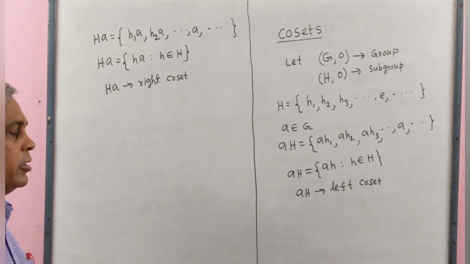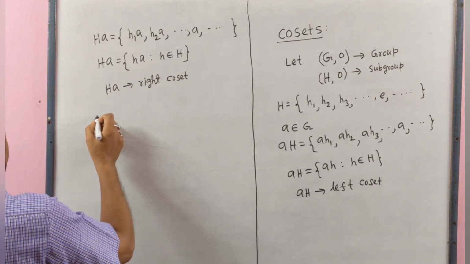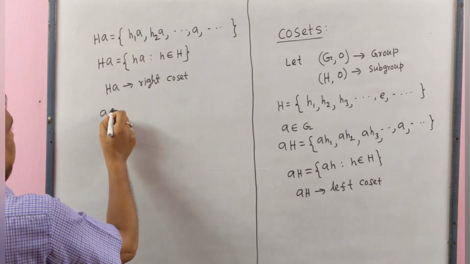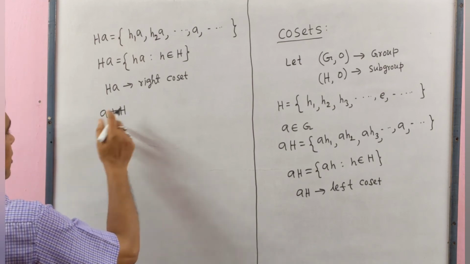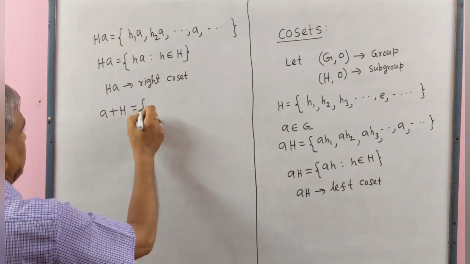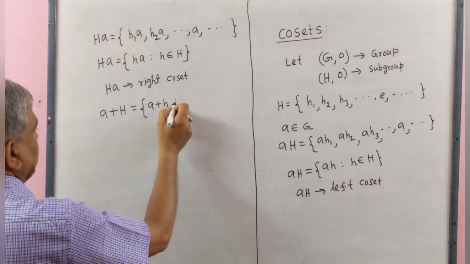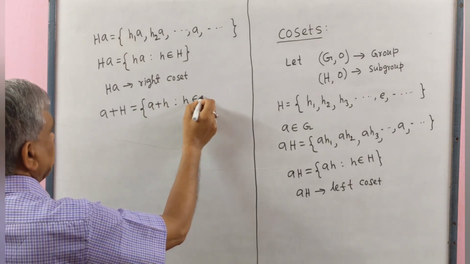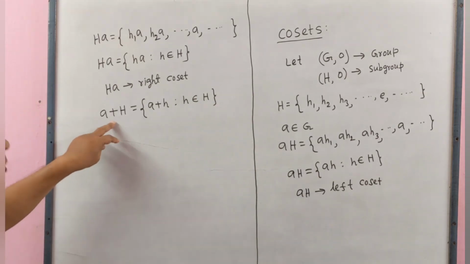When the operation is addition, then we write the left coset as A plus H, where A belongs to G. This equals A plus small h, small h belongs to capital H. This is the left coset.